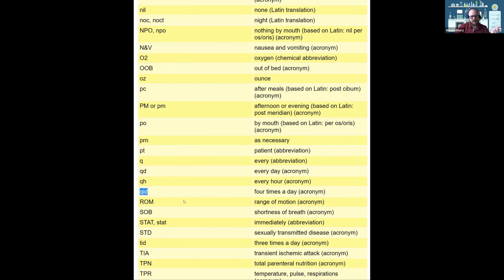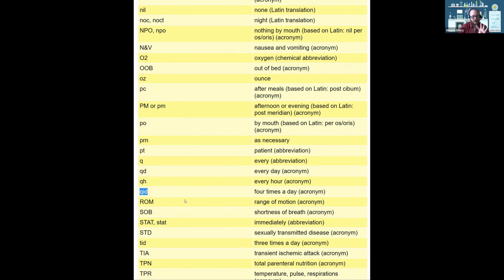Some of the acronyms here on the CNA, when you first look at them, they don't make sense, because how is QID 4 times a day? Any guesses? Why do you think QID stands for 4 times a day? What does quarter mean? Is it 4?